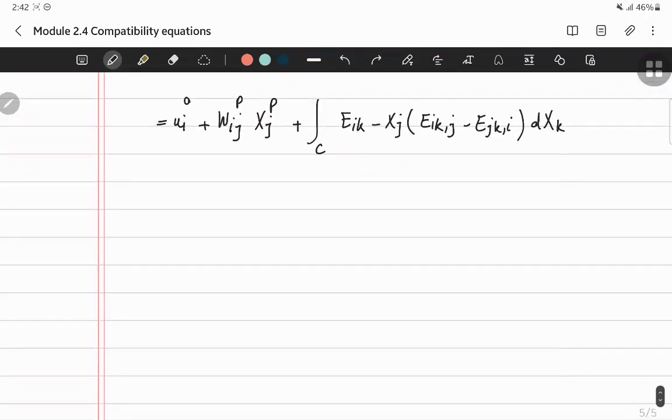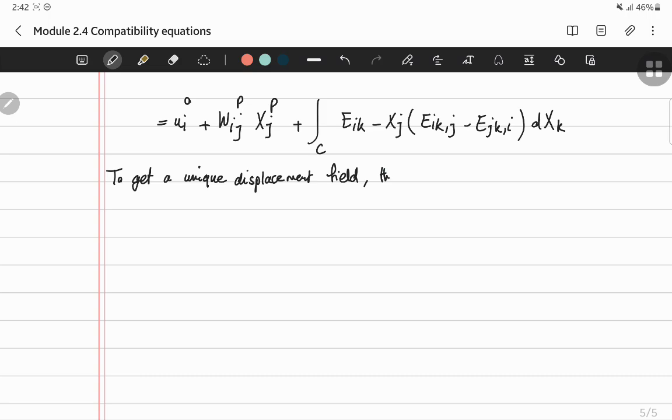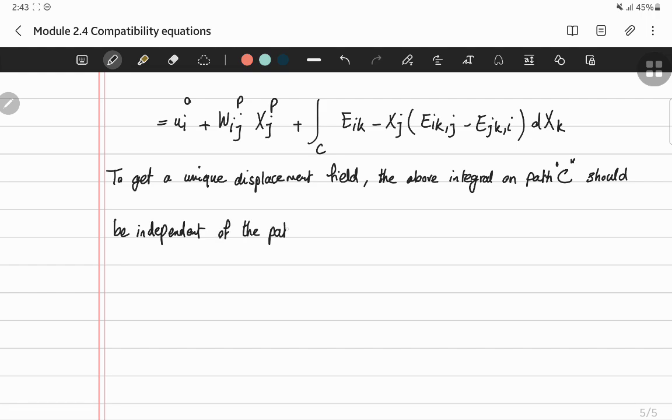So to get a unique displacement field, the above integral on curve or on path C should be independent of the path we take.